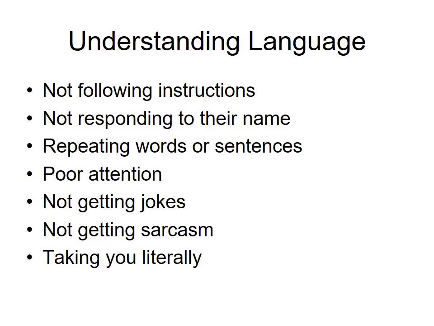This may show as not following instructions, not responding to their name, repeating words or sentences, this is known as echolalia, poor attention, not getting jokes, not getting sarcasm, and taking you literally. For example, if you say, "Give me a minute," they'd expect it to be exactly a minute.